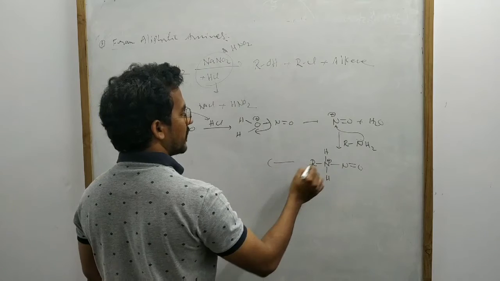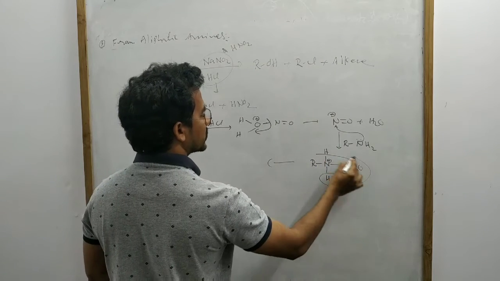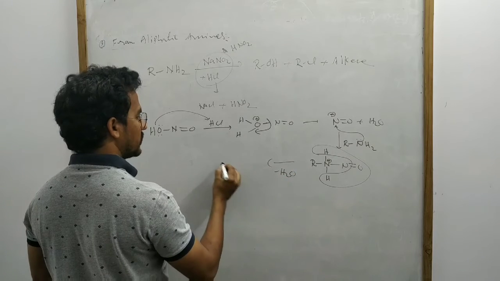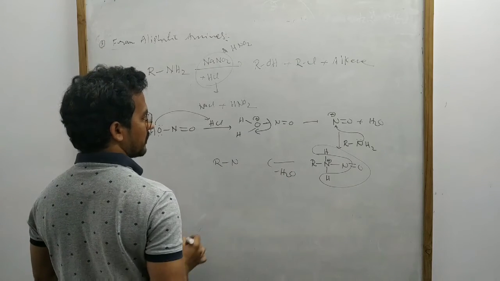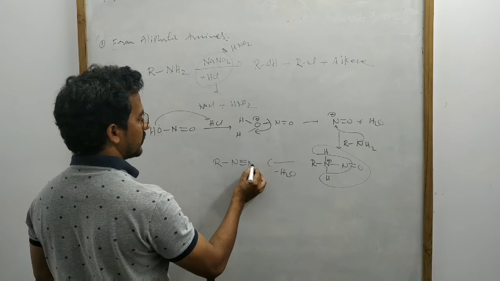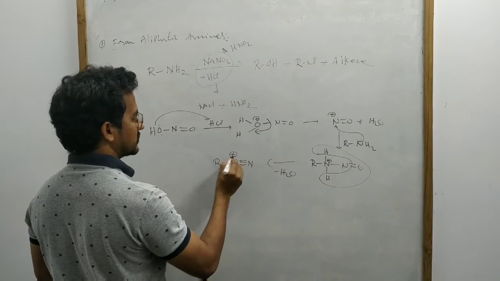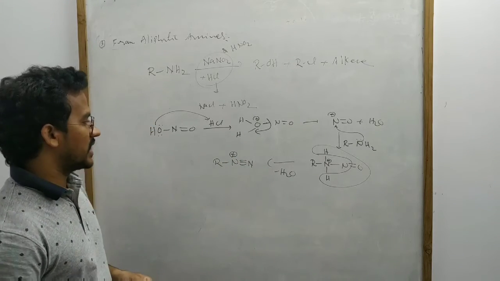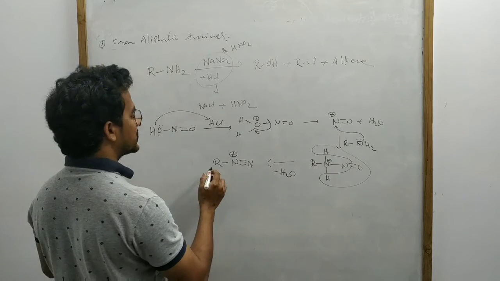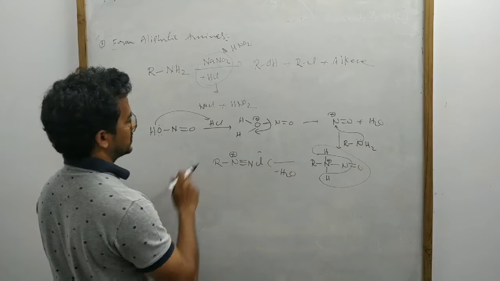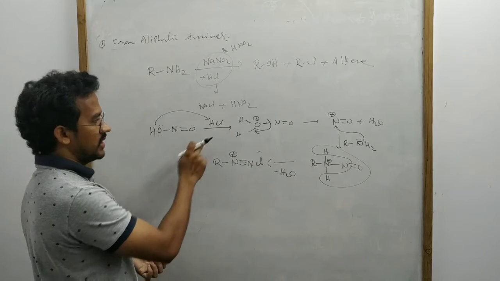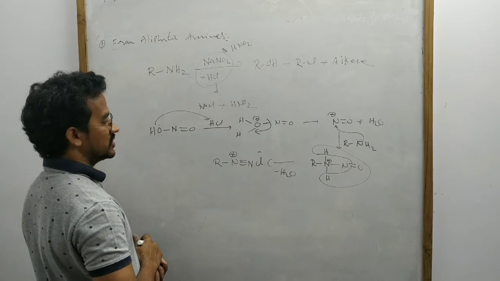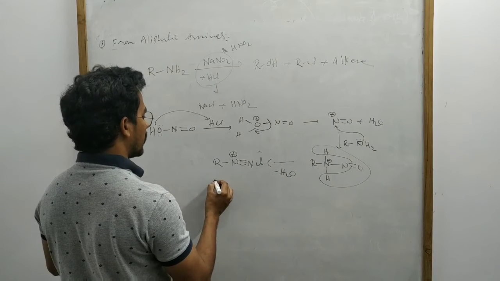Here we simply remove the water molecule; of course, there is some process involved, but I am writing it simply. That gives R, N triple bond N plus, the RN2 plus. This RN2 plus is neutralized by Cl minus; H plus is used for this one and Cl minus for this one. So this is the diazonium chloride.